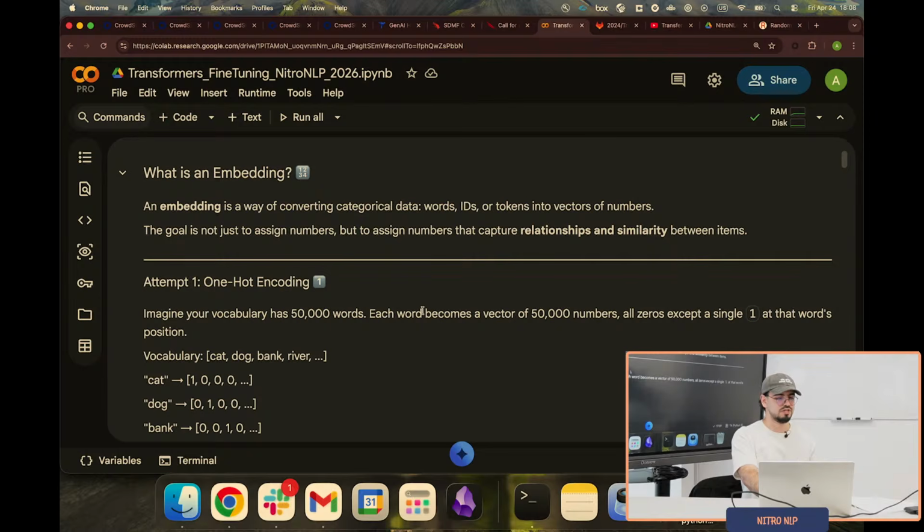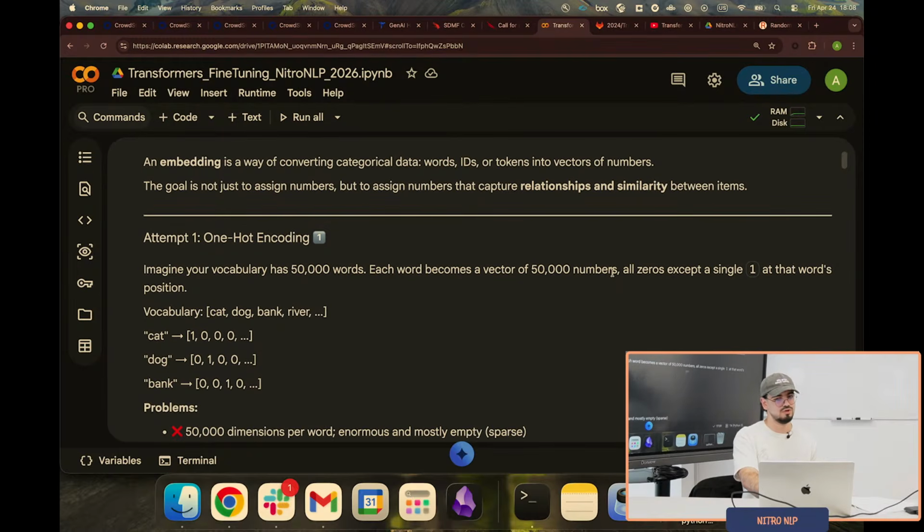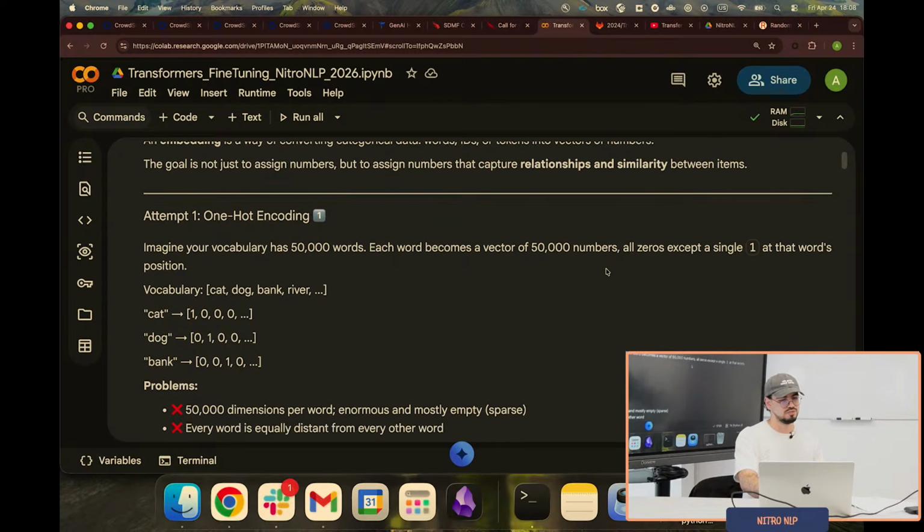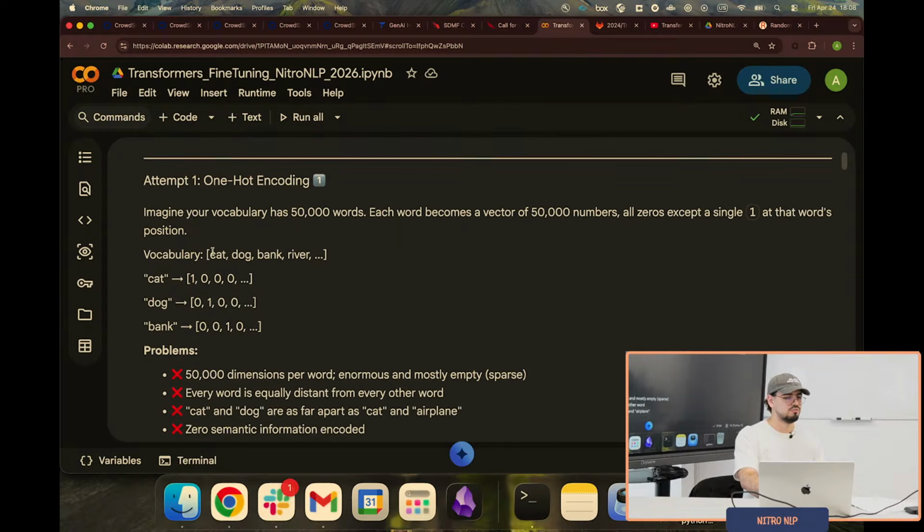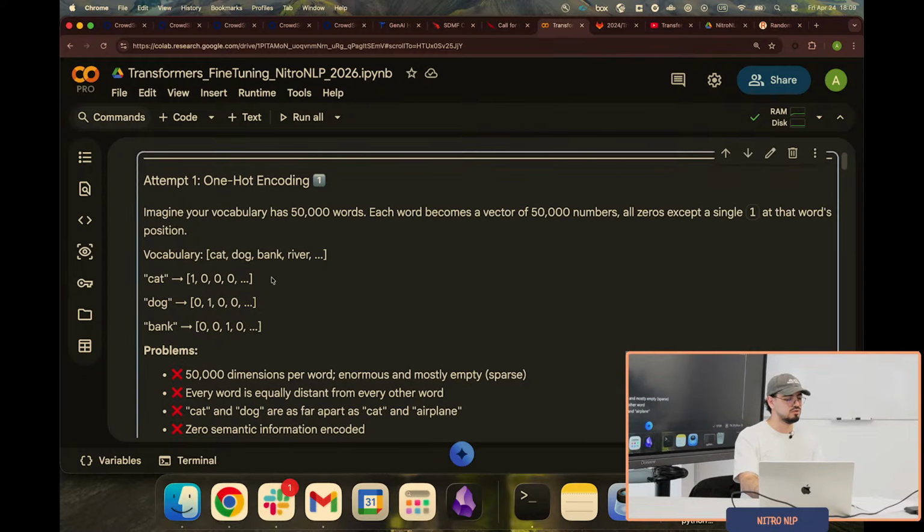Each word becomes a vector of 50,000 numbers, all of them zeros except a single one at the word's position. So for the vocabulary cat, dog, bank, and river, we would have ones on the main diagonal, and 0 otherwise. This is what we call a sparse matrix, meaning it has a lot of zeros. It's mostly zeros and a few ones.